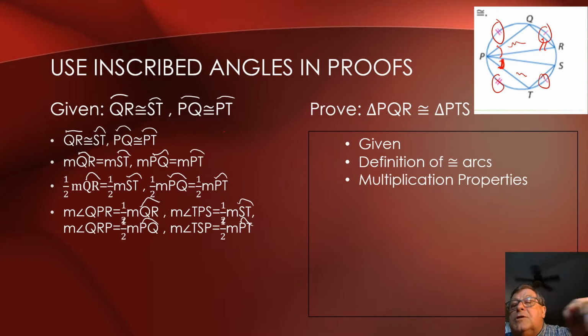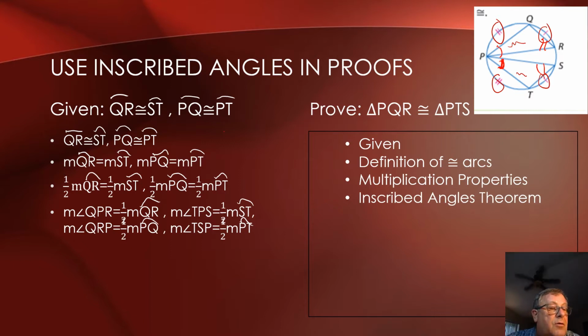And then lastly, the measure of angle TSP, that angle right there, is equal to 1/2 the measure of arc PT. And so what's all of our reason for that? I think it has something to do maybe with the inscribed angle theorem. Oh man, this is just so great. All right, well, let's go another step.